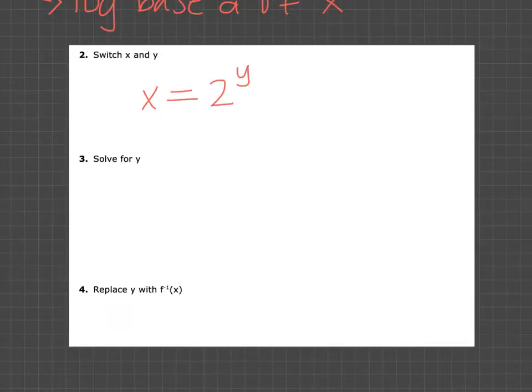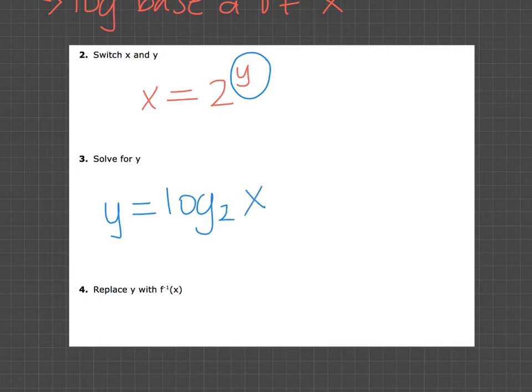All right, so this is where we left off trying to find the inverse function. We had y trapped in the exponent. So using that definition, we are going to say that y is equal to log base 2 of x. All right, so what was an exponent is now equal to a logarithm.